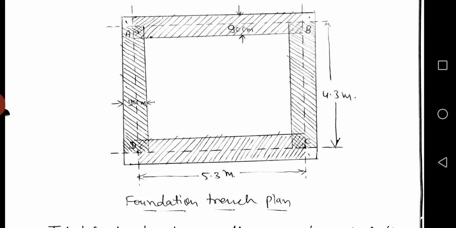So we create A, B, C, D four sections, center to center. In foundation trench plan, long wall is 5.3 meter center to center distance and short wall is 4.3 meter center to center distance. Then we fill the excavation work in this foundation trench plan. So first we draw the excavation in long wall. The slant line is given.